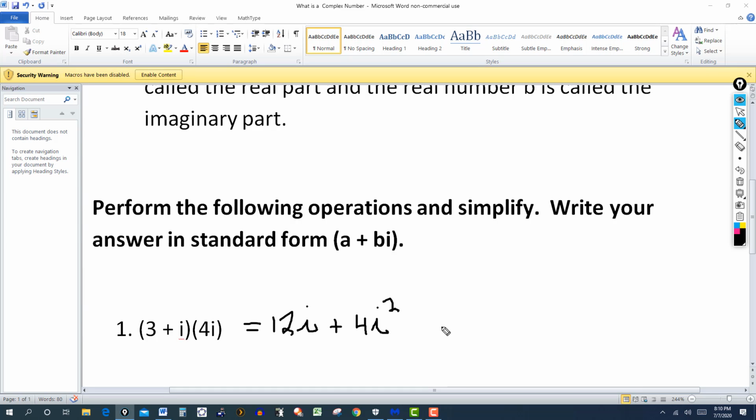Of course, i squared is -1, so this would just be a -4. So it's just to rearrange this as -4, and then plus the 12i, just to get it in the standard form, a plus bi. Okay, clear this.